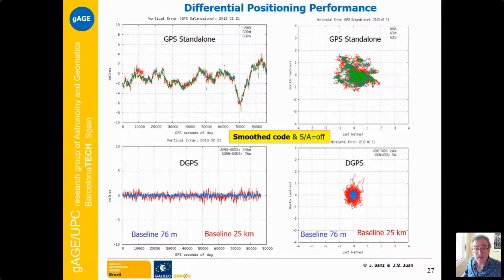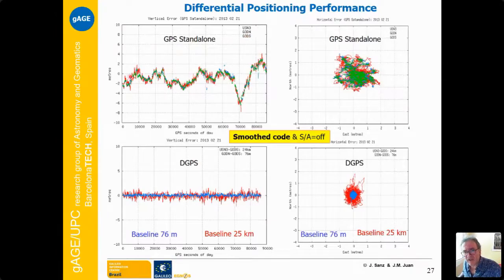Now the error is at the level of a few meters, not 60 meters, not 100 meters, like at the time when we had selective availability. Now the error is small, just meters, but you can see in this plot, this is standalone positioning, using only the information sent by the satellites.